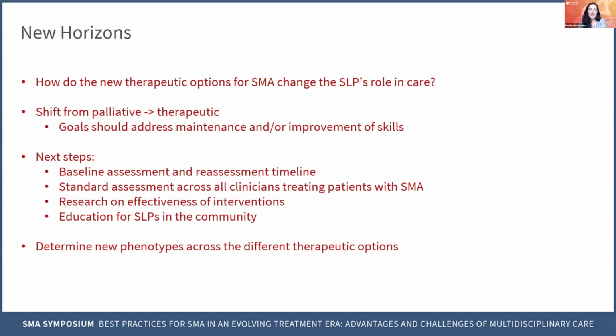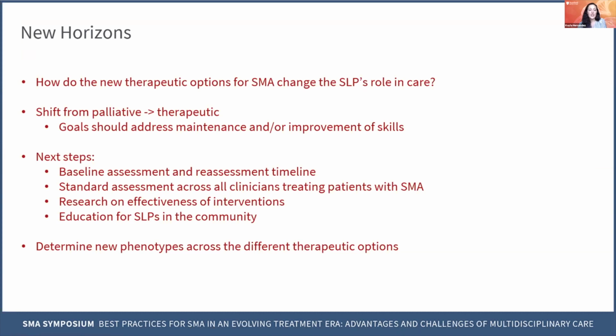So next steps for the SLP who's managing patients with SMA is to start thinking about when we are collecting a baseline assessment, and what our reassessment timeline is, getting a standard assessment protocol across all clinicians in all settings who are treating patients with SMA so that we can look at outcome measures and do some research on what effective interventions are for these patients.